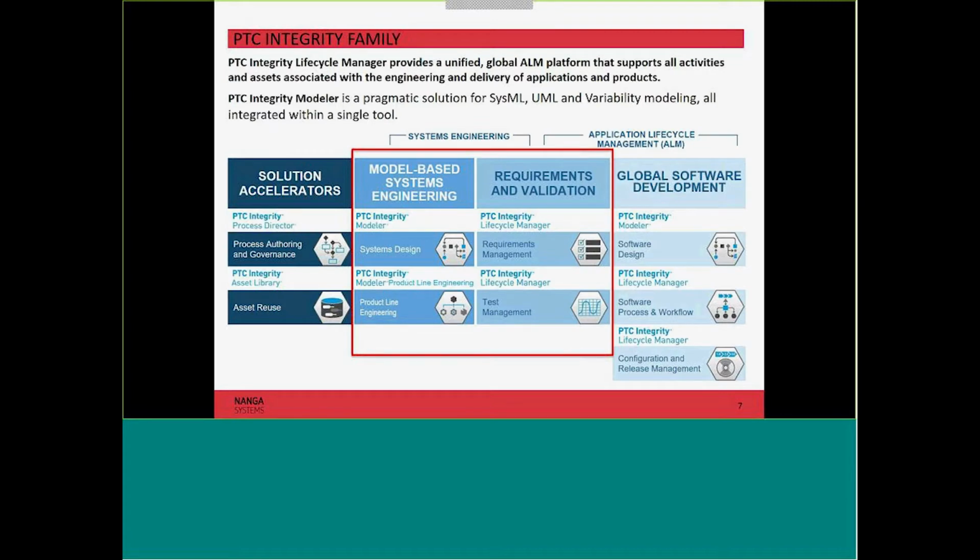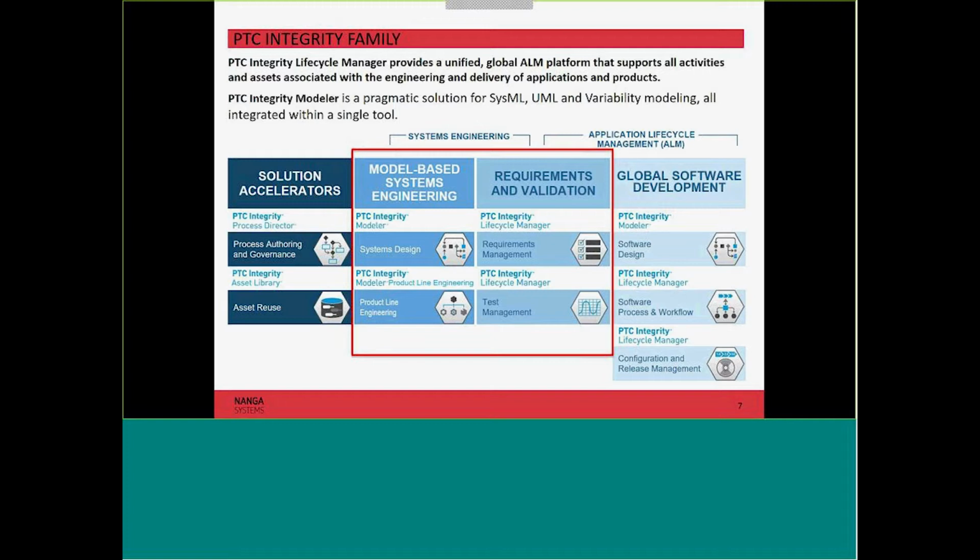So here's a quick look at some of the tools that we'll be looking at today in the PTC Integrity family. So we'll see a matrix here of what we call solution accelerators. Process Director for authoring processes and disseminating processes within the organization. Asset Library for asset reuse.